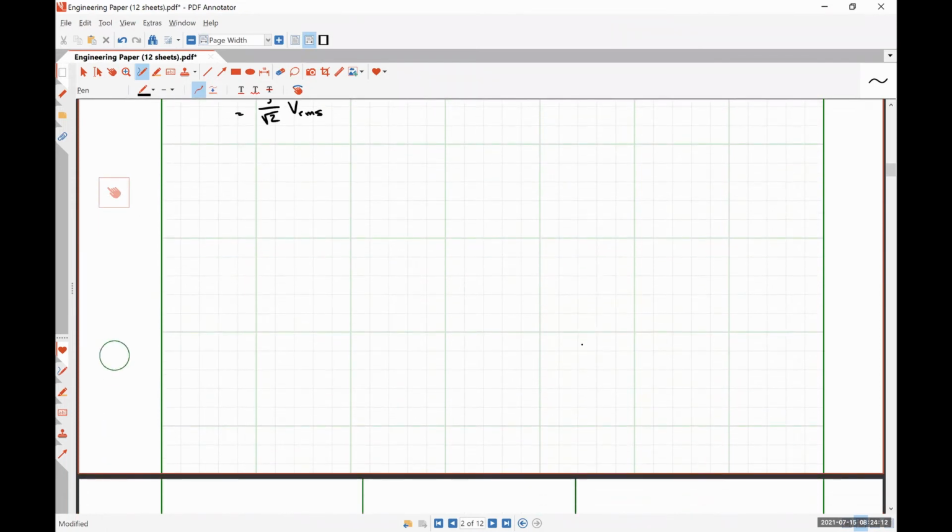Let's look at a current waveform, although it really doesn't matter. So let's say that we have sawtooth waves, and it takes 2 seconds to complete a single cycle of the sawtooth wave.